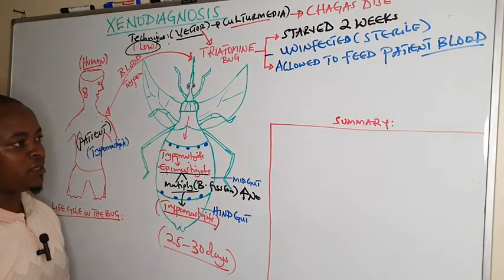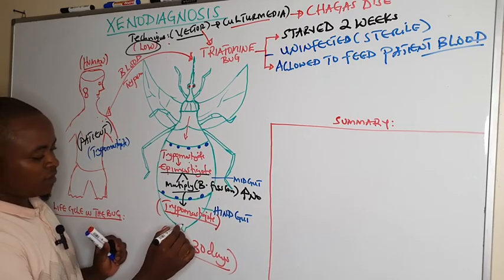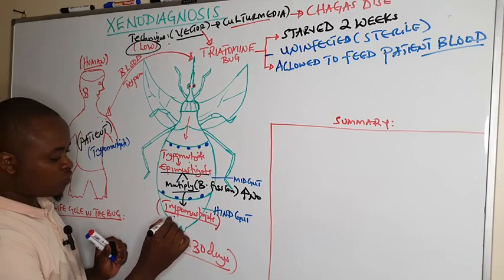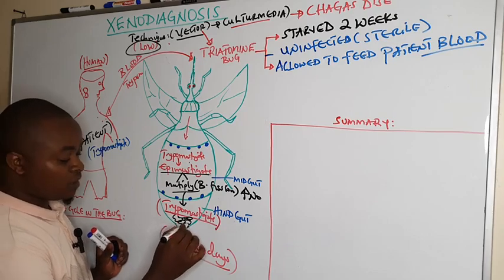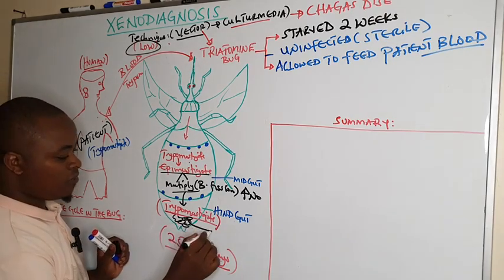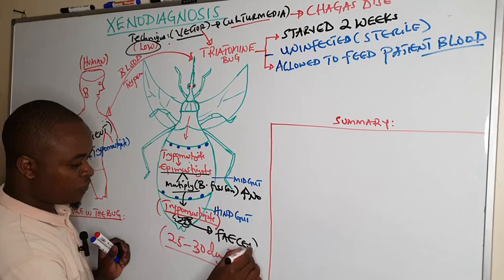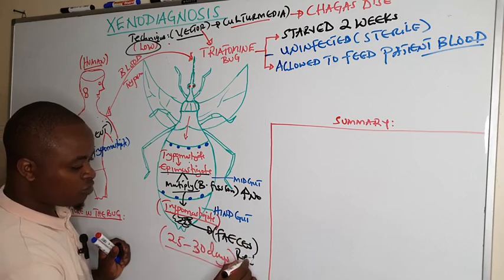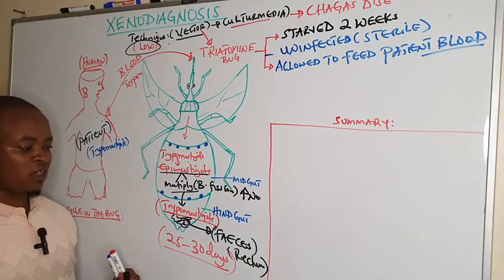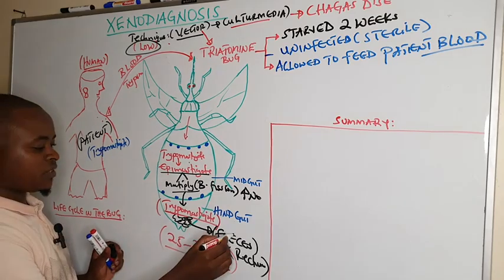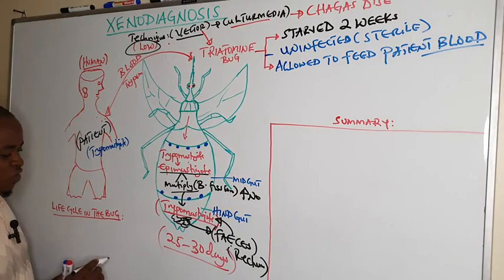So we dissect the bug and extract feces from the rectum of the triatomine bug, feces containing trypomastigotes. It is these feces that we are going to examine.